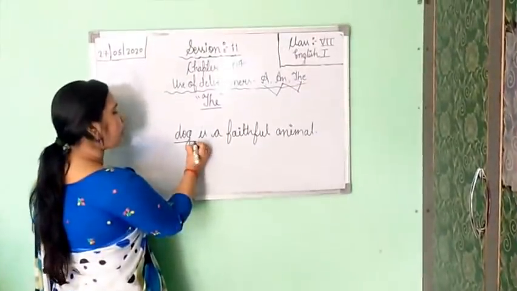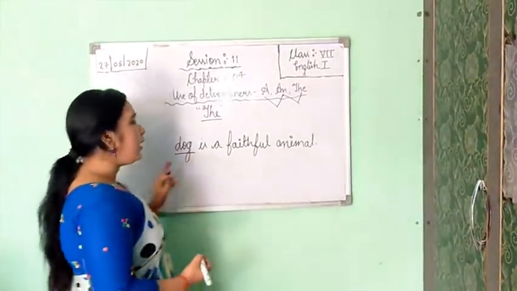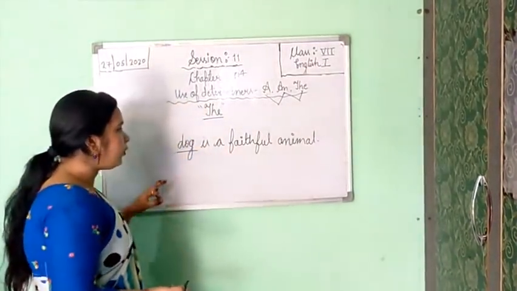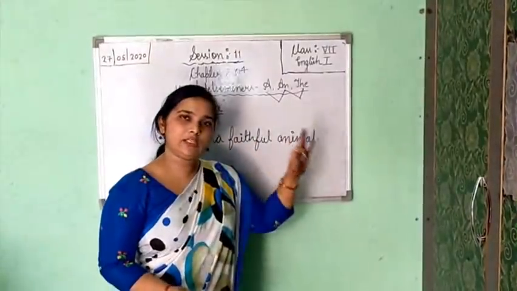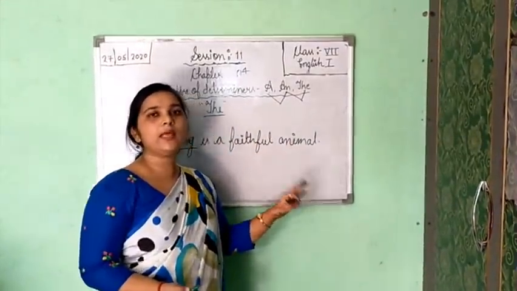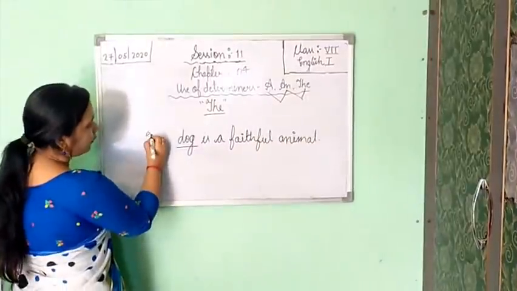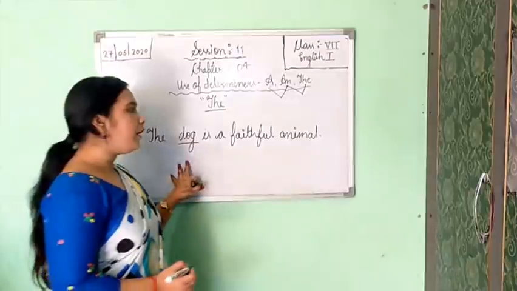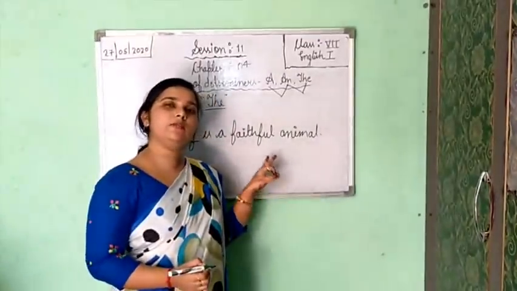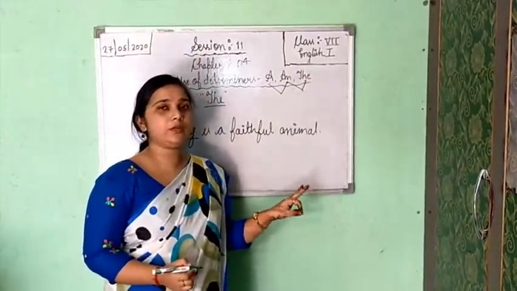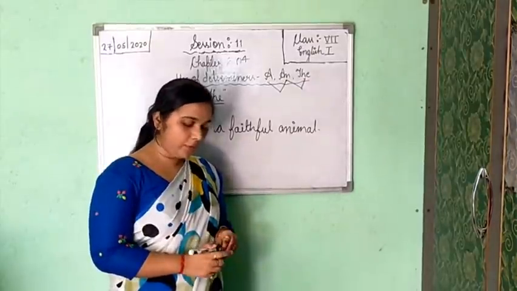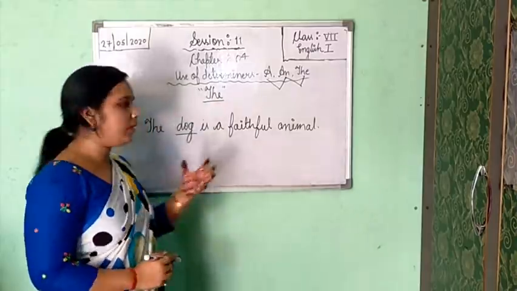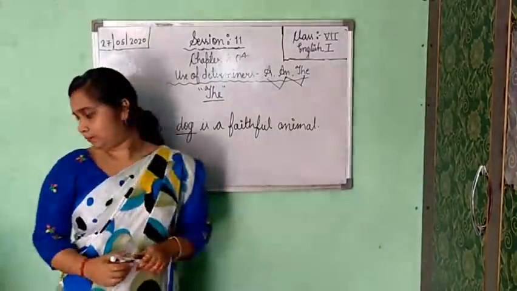So when we are talking about dogs, it is not only one dog, but each and every dog. For each and every dog, we are saying that the dog is a faithful animal. That is why before dog we will use the article or determiner "the". Understood? If the noun is representing the whole class, then before that particular noun you will use the determiner "the".